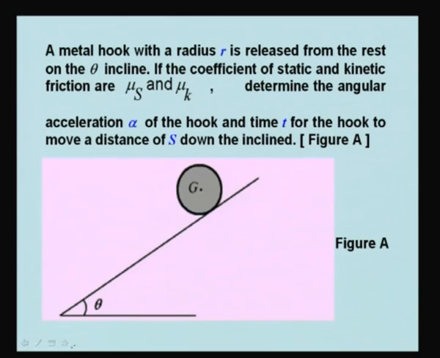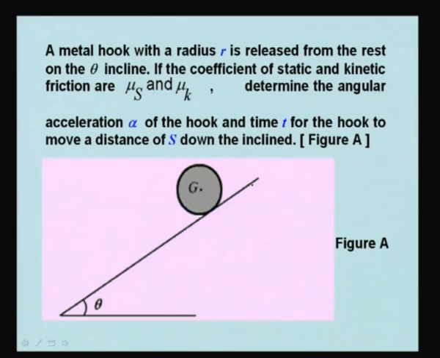I have shown here an inclined plane at angle theta, and this is a metal hoop G with radius R that is released from rest on the theta incline. If the coefficients of static and kinetic friction are mu s and mu k, determine the angular acceleration alpha of the hoop and the time t for the hoop to move a distance s down the incline.